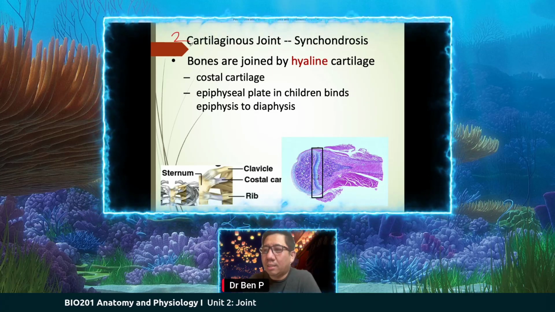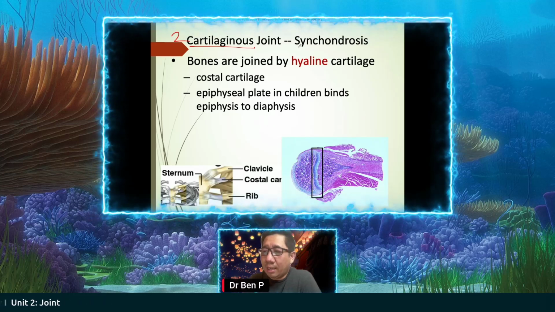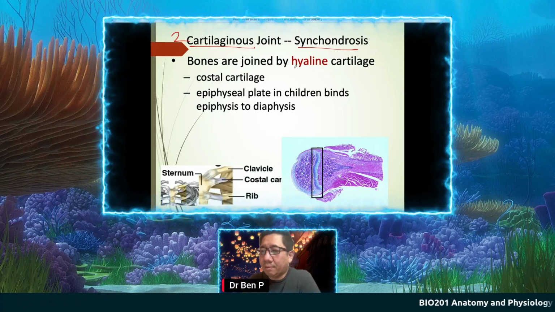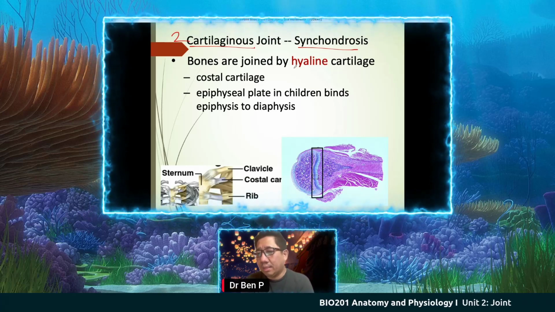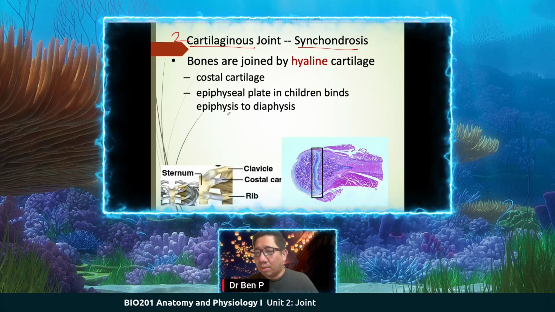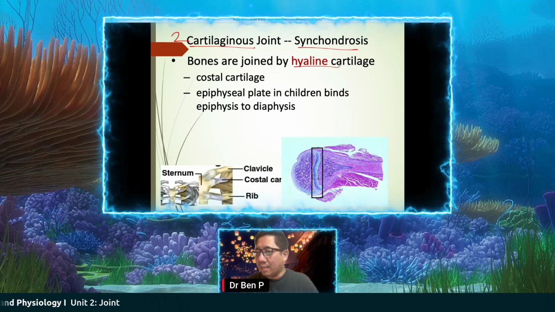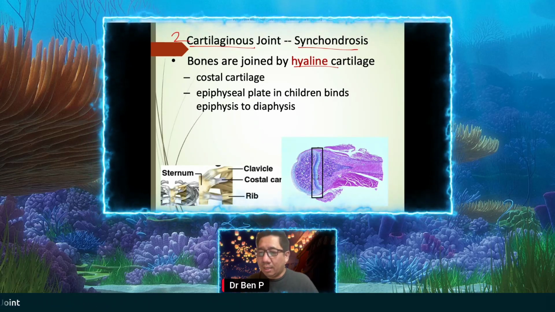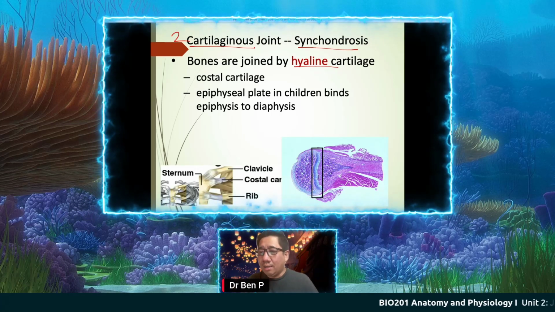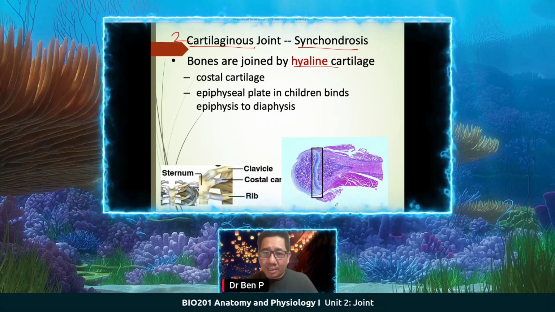The second type of classification is the cartilaginous joint. The first subtype of cartilaginous is synchondrosis. Under synchondrosis, the bones come together using hyaline cartilage to connect your bone. This is where your ribs are, and also at your epiphyseal plate.